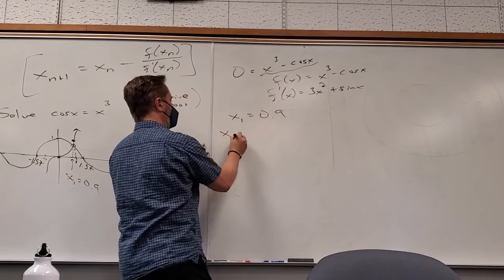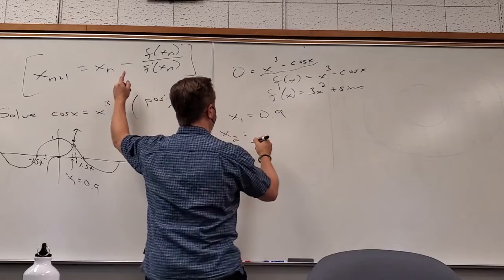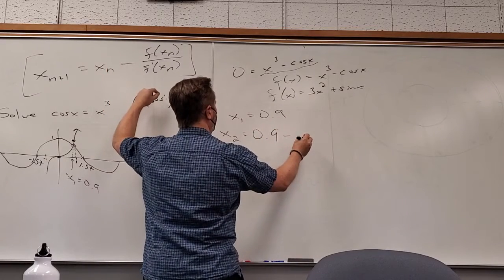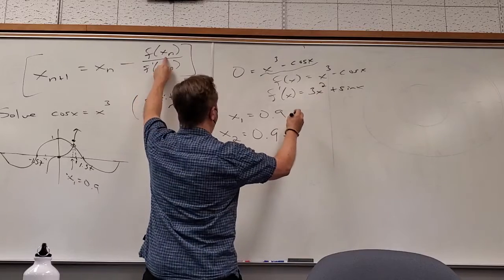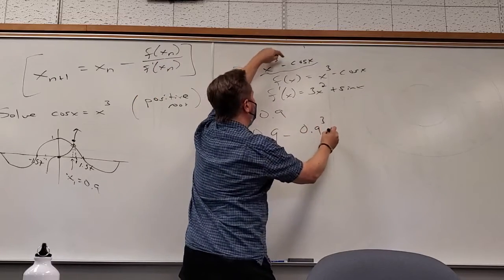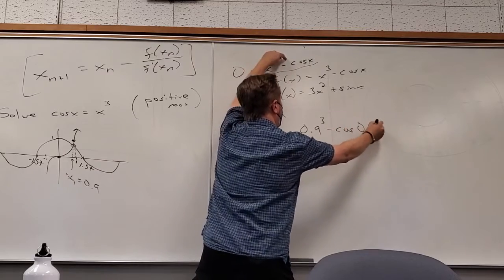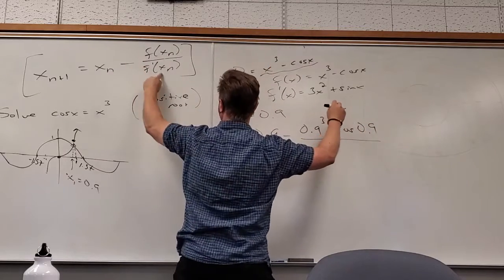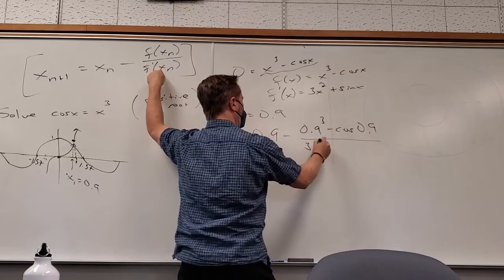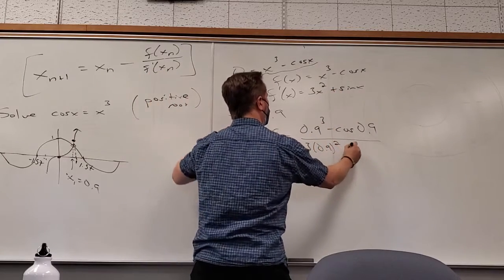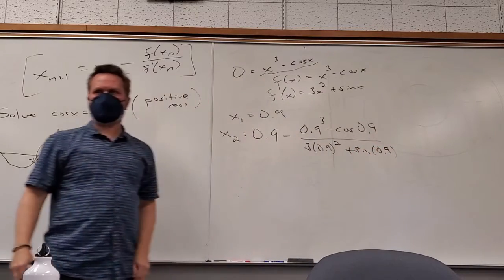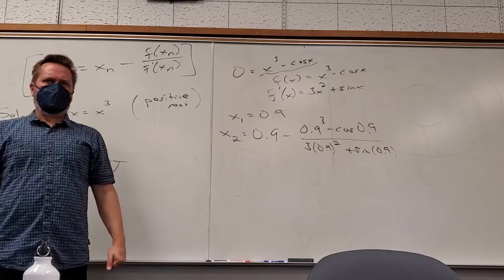So what is x2? 0.9 minus f of 0.9, so it'll be 0.9 cubed minus cosine of 0.9, divided by 3 times 0.9 squared plus sine of 0.9. Stay with me now.